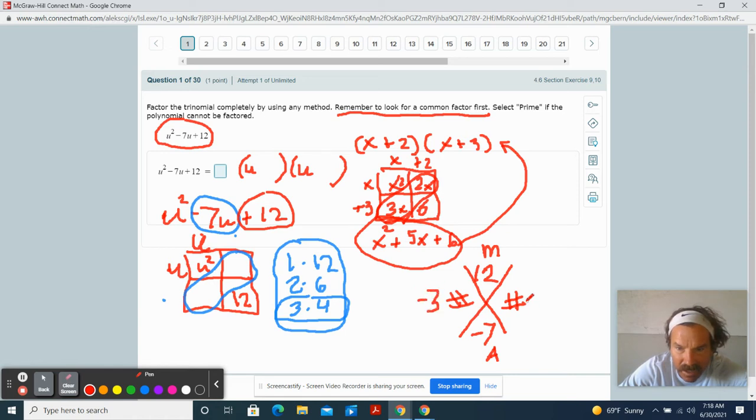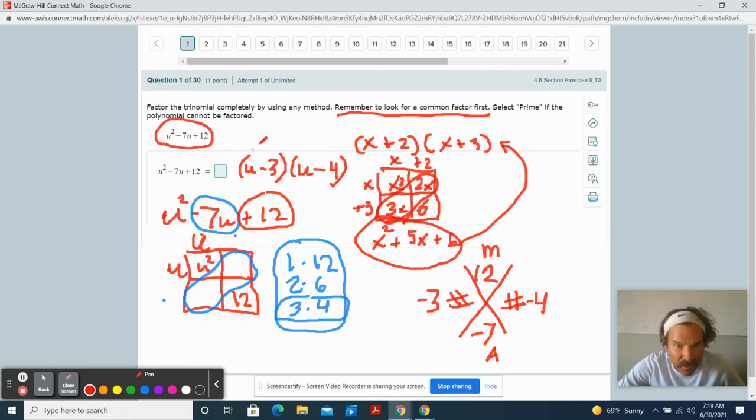-3 and -4. -3 and -4 multiply to get a +12, because we know negative times a negative is a positive, and -3 plus -4 gives you -7. So these are the two factors, -3 and -4.